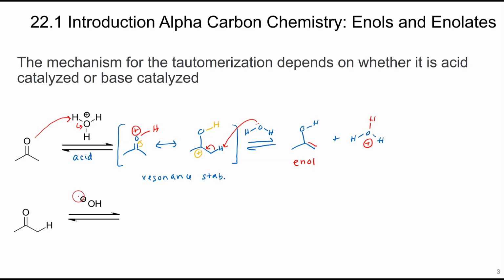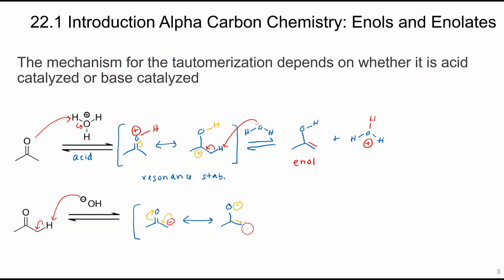So this will occur under acidic conditions. In basic conditions, the hydroxide or a base will grab this acidic proton. These electrons will come onto the carbon. The negative charge is here. This is also resonance stabilized. We can move these electrons to form the double bond, and those electrons go on top of the oxygen.